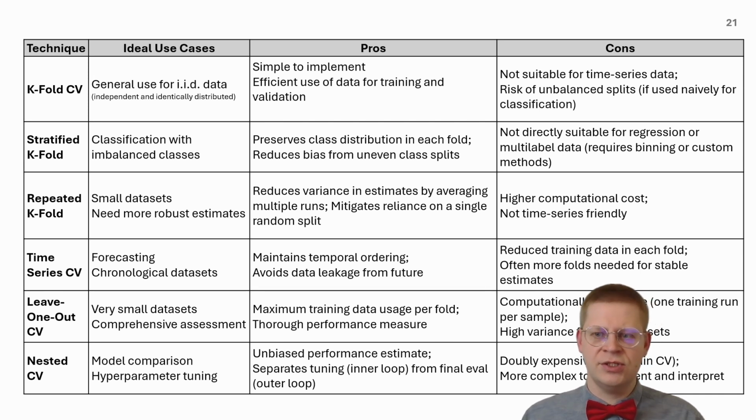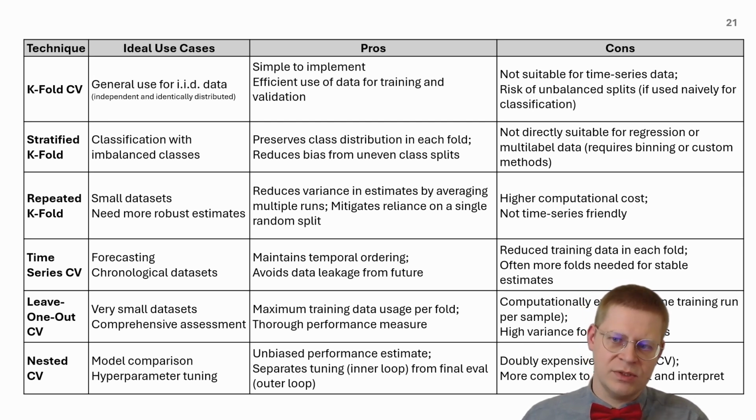Each fold gets a chance to be the validation set. However, it is not well suited for time series because that would break chronological order, and if we naively use K-fold for classification, we risk unbalanced splits unless we stratify.